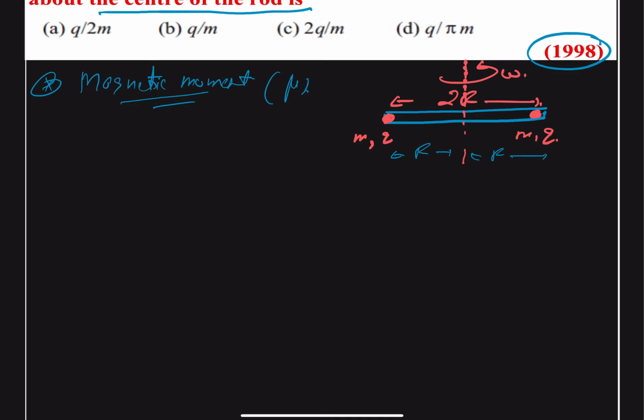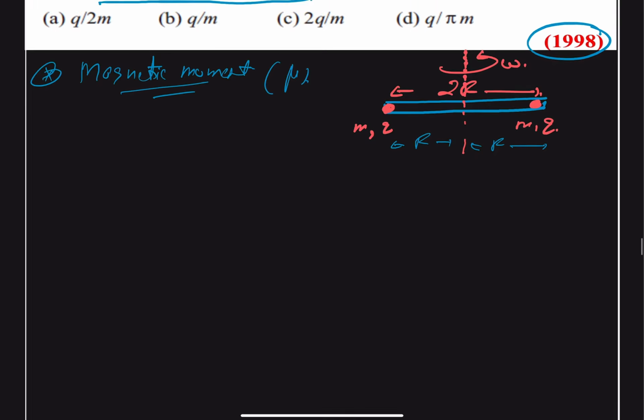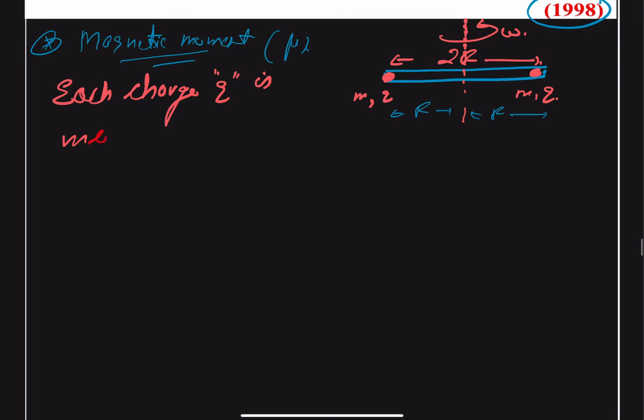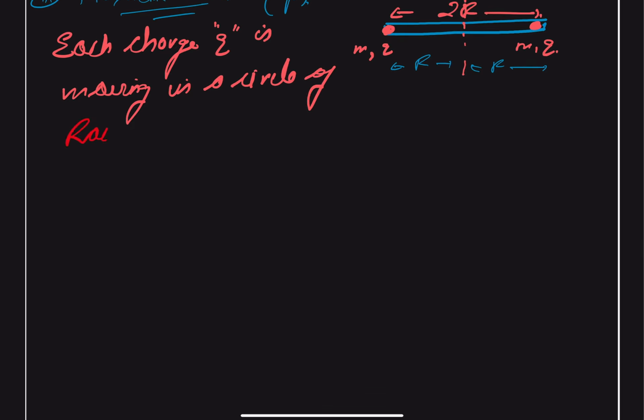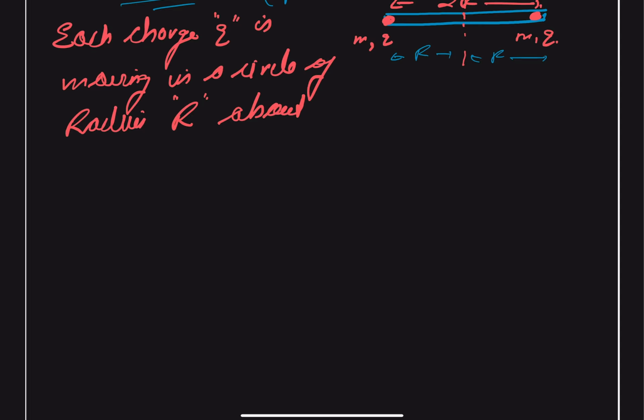So indirectly, each charge q is moving in a circle of radius r about its center. So each is going to create a current loop.